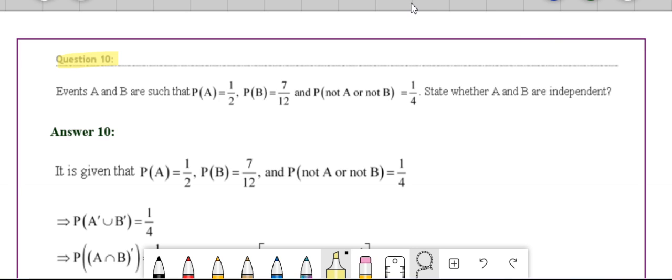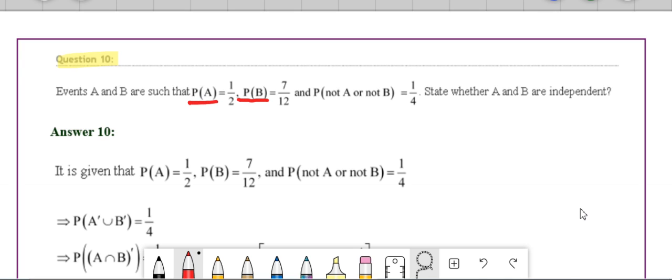Okay, now 13.2 exercise question number 10 that is in front of you. Events A and B are such that P of A is given as 1 upon 2, P of B is also available.